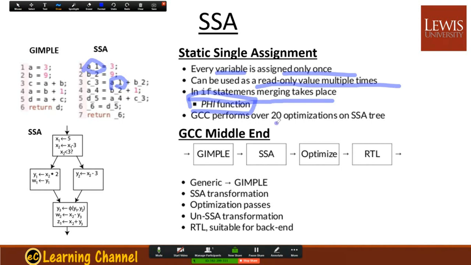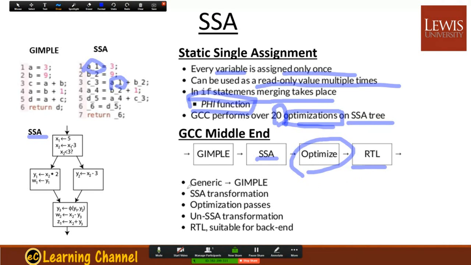And then GCC performs over 20 optimizations over the SSA tree. So we got it from the decorated AST, and now we go into SSA, and over the SSA tree we will perform 20 more optimizations. Those optimizations are done on SSA, and then we go to register transfer level language.